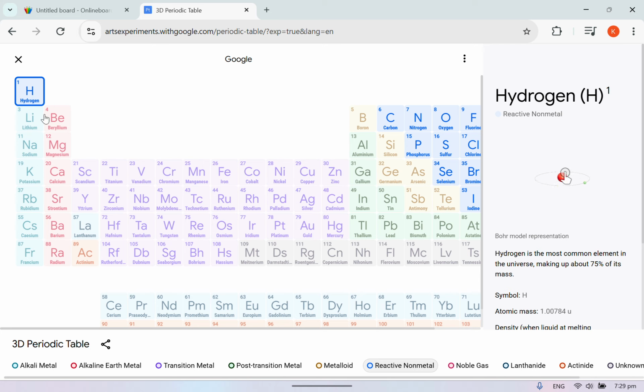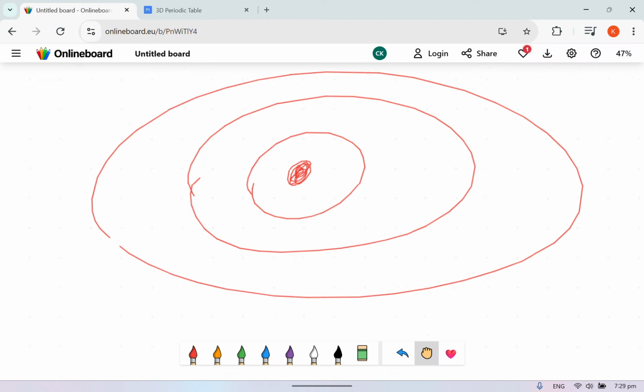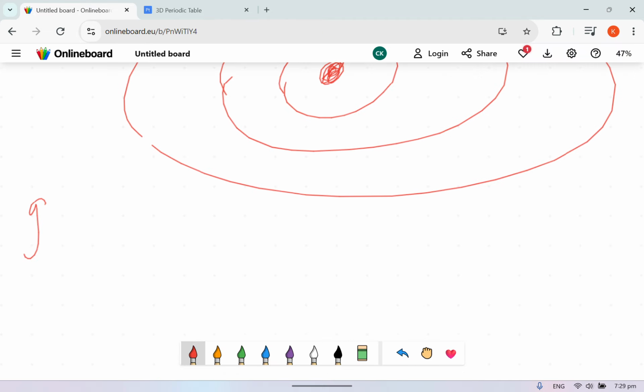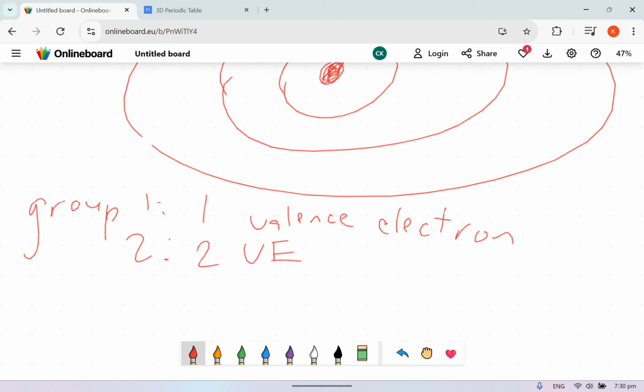Now, this is group 1, group 2, group 3, group 4, group 5. These are groups, remember? It's actually very simple. Group 1 means 1 valence electron. Group 2 means 2 valence electrons. It's very simple.